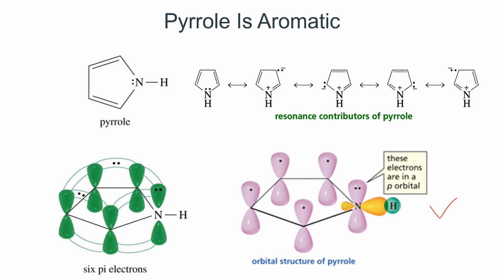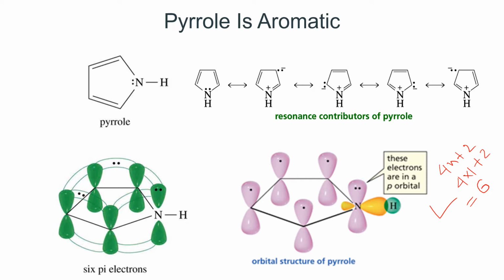That is, pyrrole contains 4n plus 2 pi electrons. If n equals 1, the number of pi electrons according to Huckel's rule should be 6, and we can see from the figure that the total number of pi electrons on pyrrole is 6. That means pyrrole is an aromatic compound.